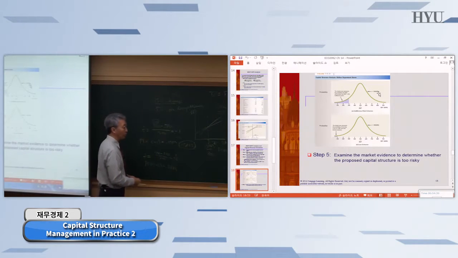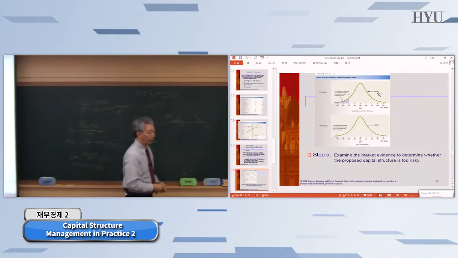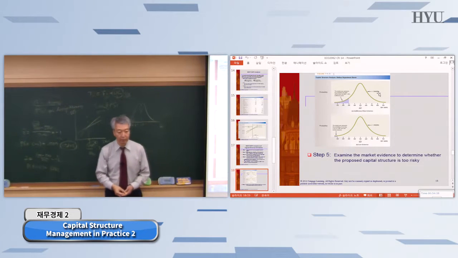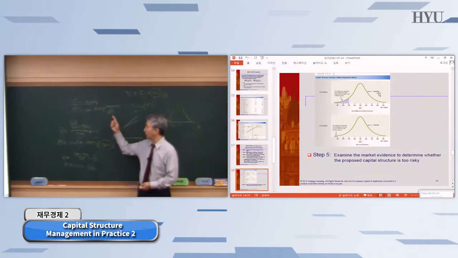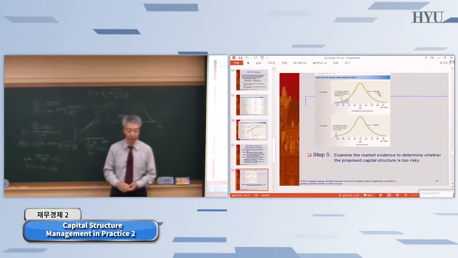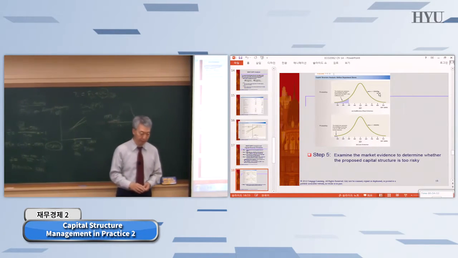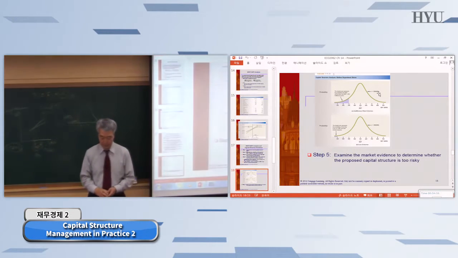But according to the story, the company is willing to take a 5% chance for losing money. Okay? So since this risk is even lower than 5%, the project is what? Again, acceptable, right? Based on the criteria, the condition or requirement by the company. Okay? That's the story.